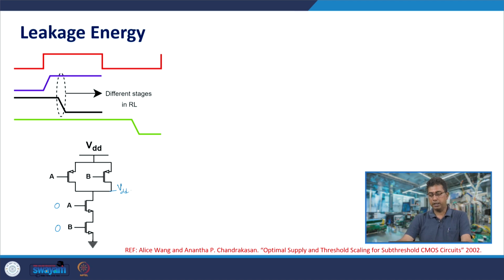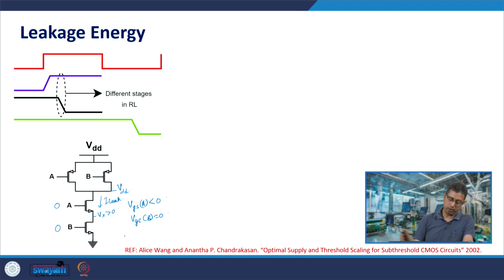So, what is the leakage current then? Here you have some leakage current flowing. For that to flow, the VDS of transistor B cannot be 0, it is greater than 0. So, there is a leakage current through this. Now, the VGS of transistor A is lesser than 0, and the VGS of transistor B is equal to 0.